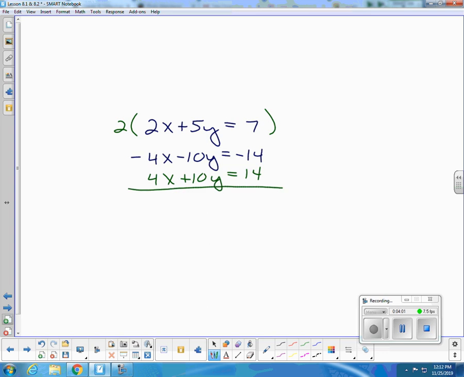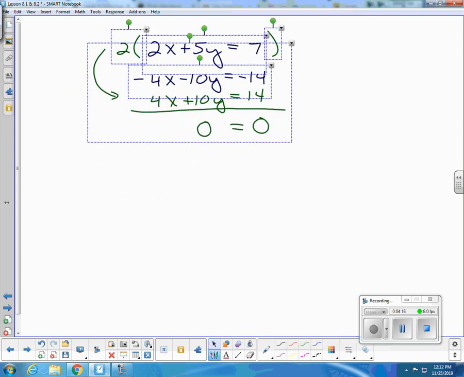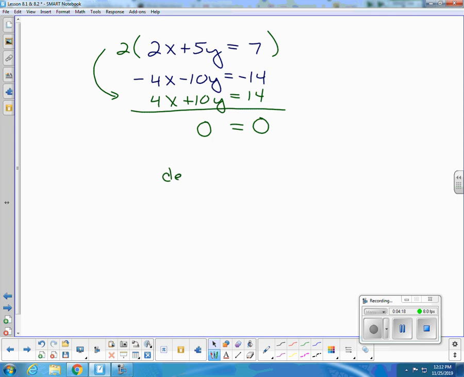So when I go to add these lines together, the left side, both variables cancel, and the right side is also equal to 0. So is that a true statement? If it is a true statement, 0 does equal 0. We call that a dependent system. All solutions will work.